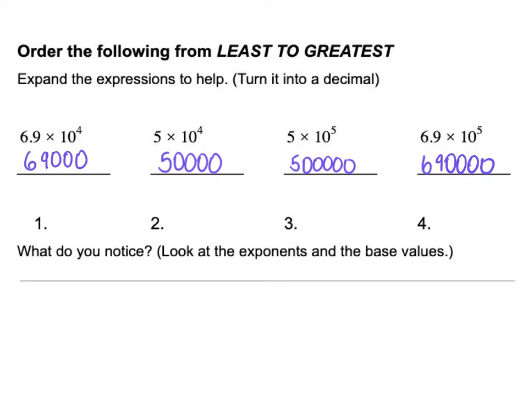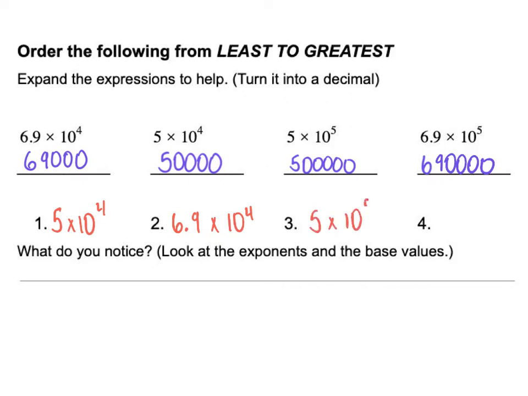So if I want to go least to greatest, let's change colors. 5 times 10 to the 4th is the smallest. Then 6.9 times 10 to the 4th.